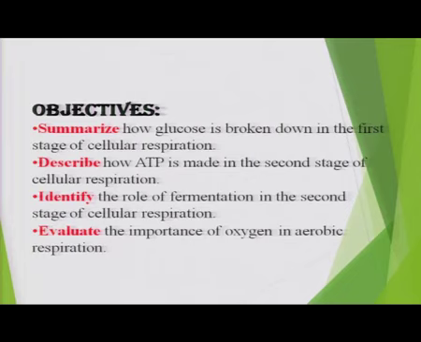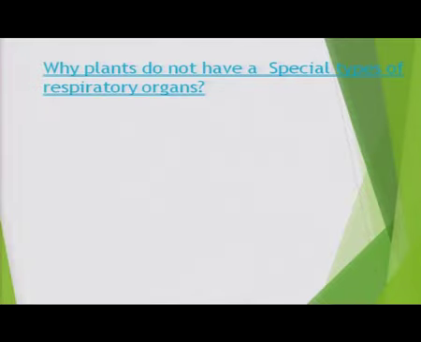Today, I am going to continue my chapter, that is respiration in plant, and the major steps are glycolysis, which I have already discussed. Here is a question, because the chapter name is respiration in plant: why do plants not have a special type of respiratory organ?